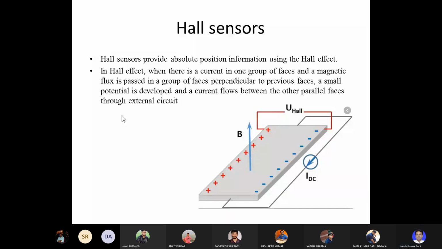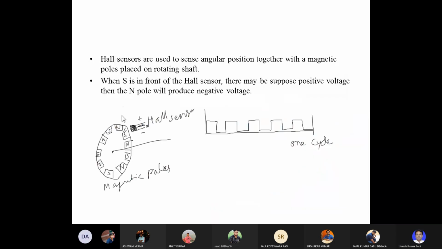The current given in one set of faces provides the current in the other two sets of faces if there is orthogonally imposed flux in the planes which are perpendicular to both planes. So this Hall sensor based logic is used in getting information of the angular position.